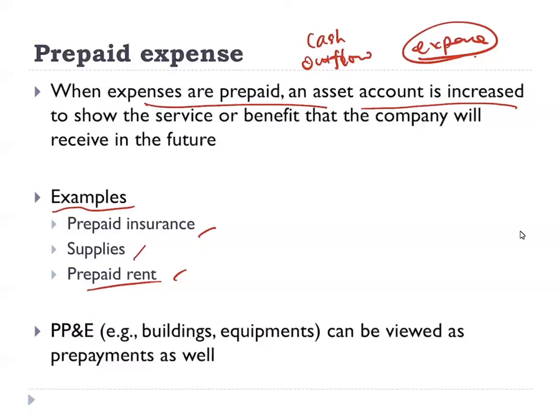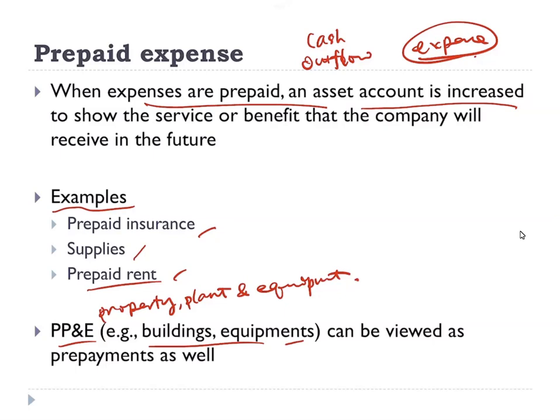And also PP&E, which is property, plant, and equipment. Examples are buildings and equipment.